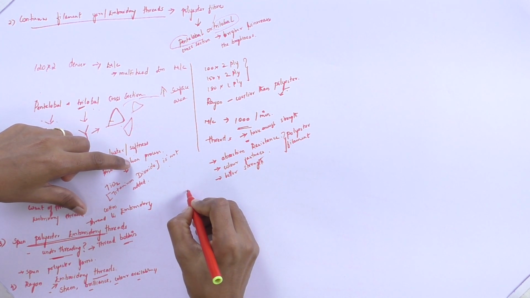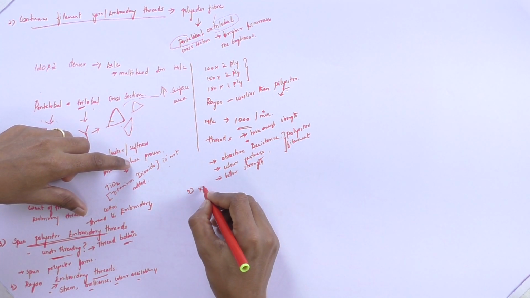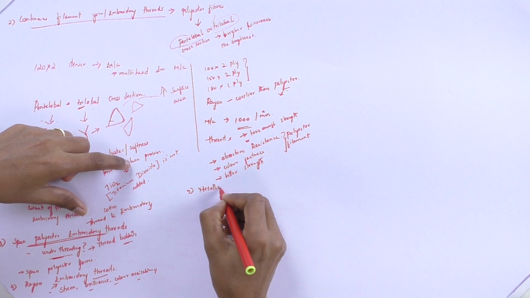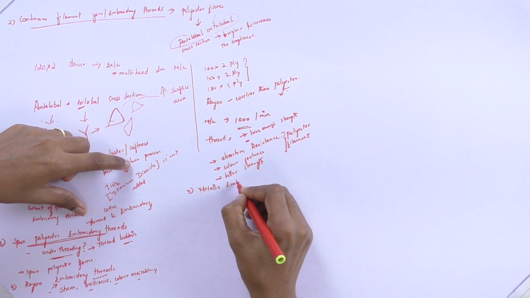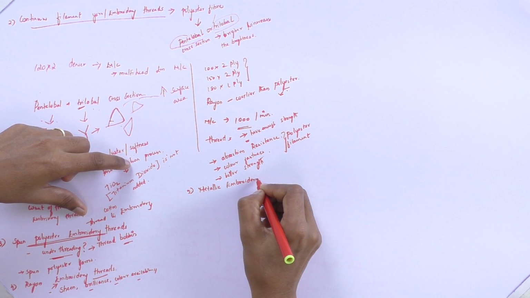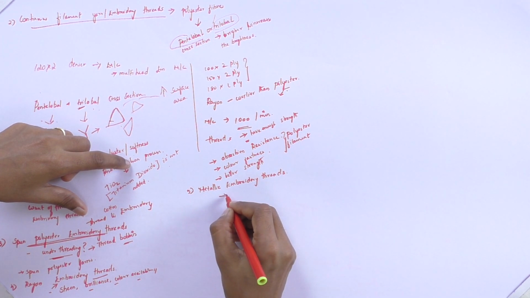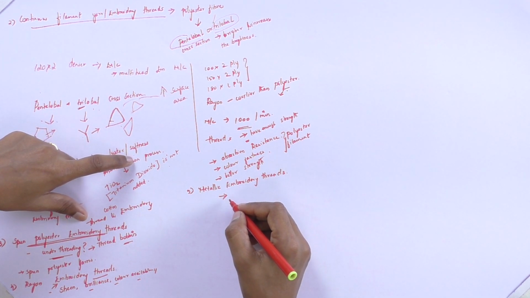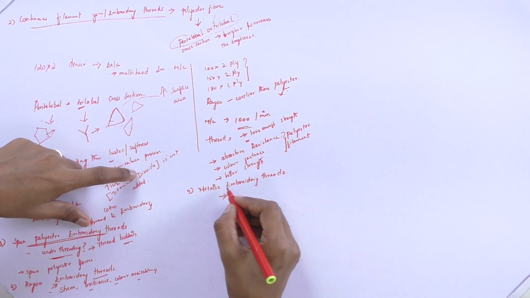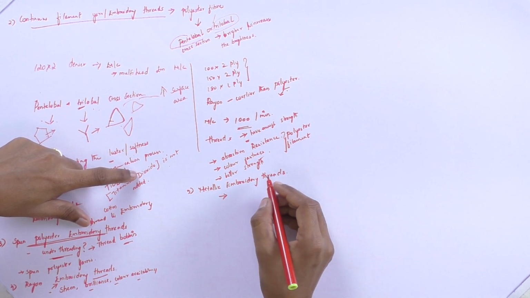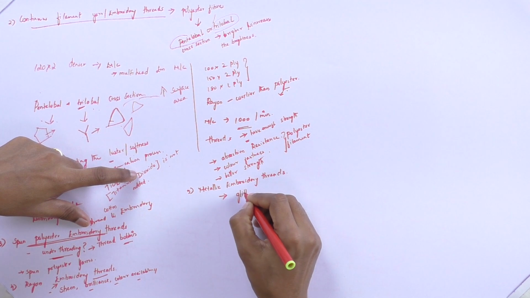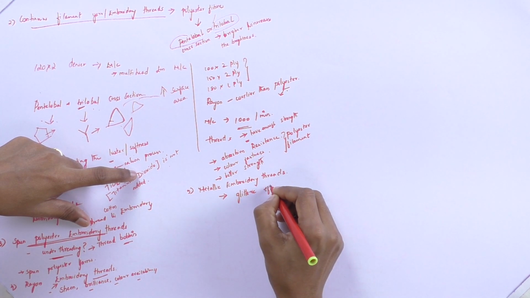And next we are going to see metallic embroidery threads. You might have seen this in your costumes; metallic embroidery threads give a glittering effect.